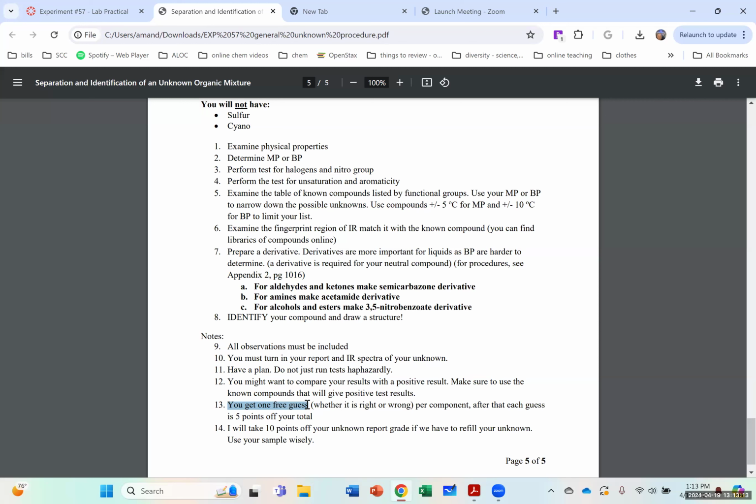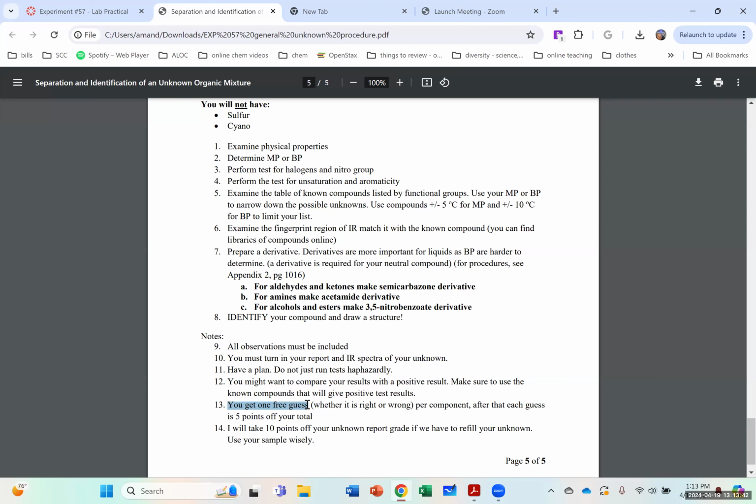If you want to guess again, it costs 5 points. And this is true for both of them. So you get one free guess for acidic, one free guess for neutral, and then after that, each guess costs 5 points. And it doesn't matter whether you get your guess correct or incorrect. It's 5 points to make the guess. You do not have to guess.